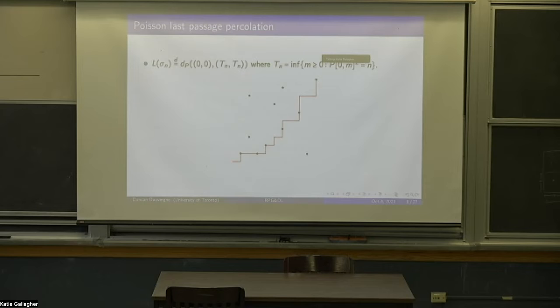And a maximizing path between these 2 corners, or in other words, a geodesic, is going to correspond to the actual increasing subsequence. There are a few little changes you need to make, but morally, and certainly when we take n to infinity, everything works out.